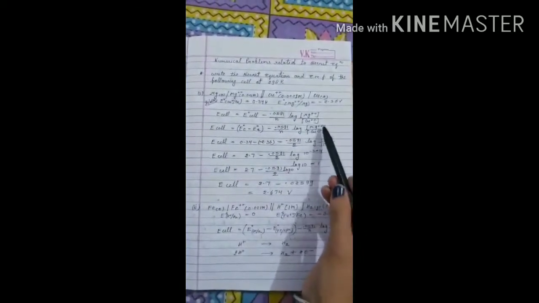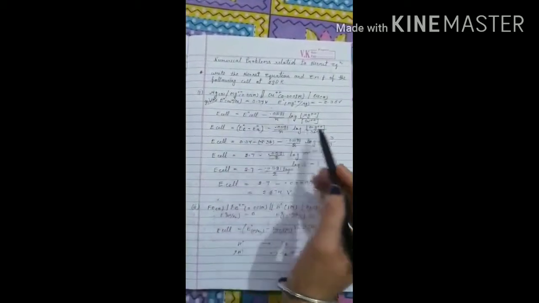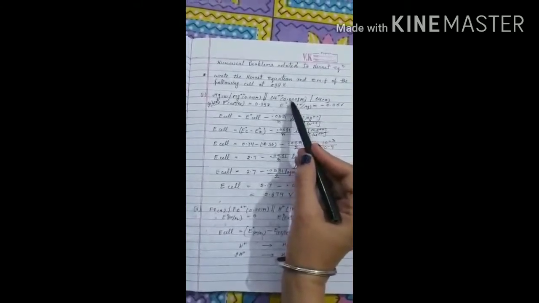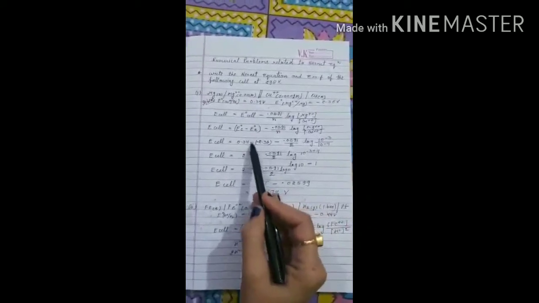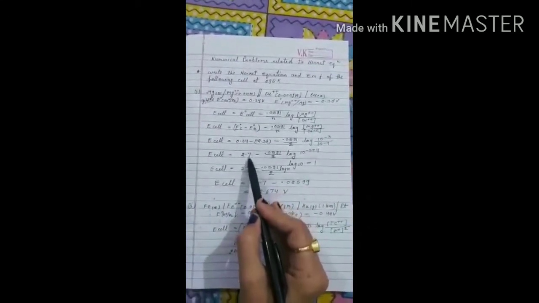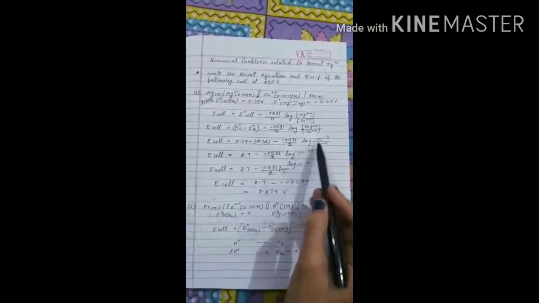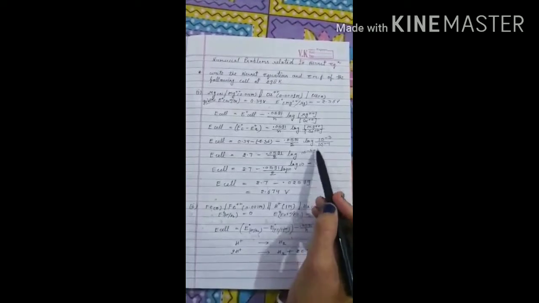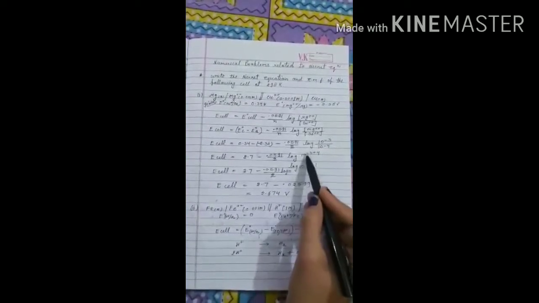The molar concentration of magnesium is given here as 0.001, which can be written as 10 to the power minus 3. And the molar concentration of copper is 10 to the power minus 4. If we solve this, we get 2.7 minus 0.0591 upon 2 log, and 10 to the power 4 comes in the numerator, so it becomes negative 3 plus 4, which is log 10 to the power 1.